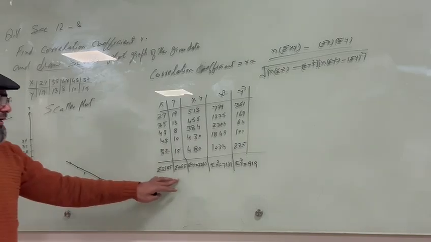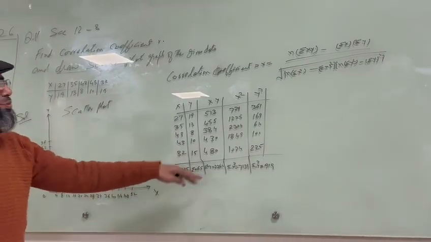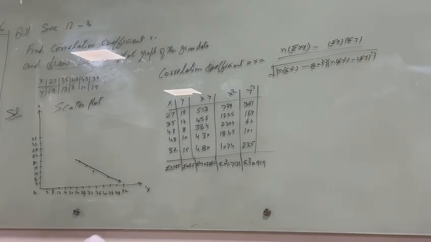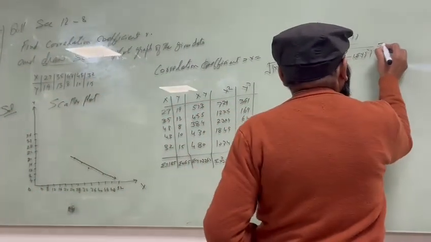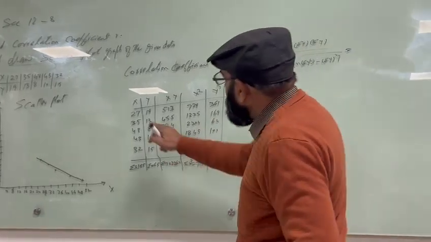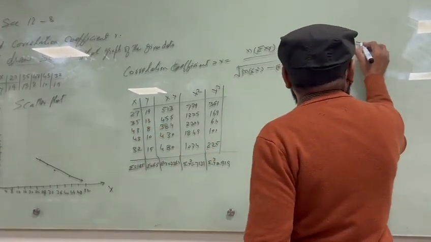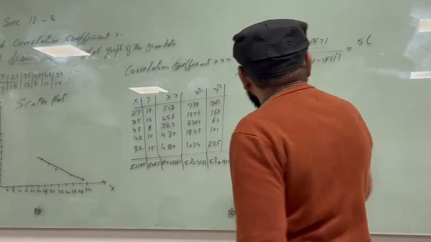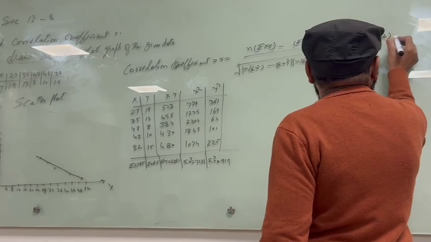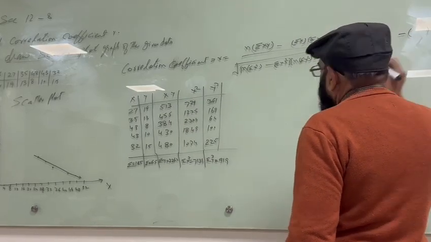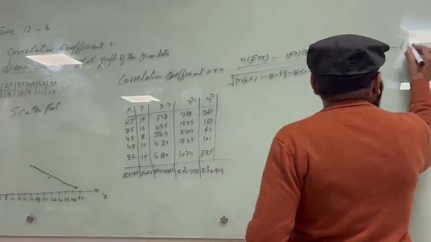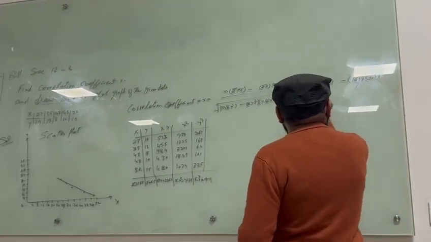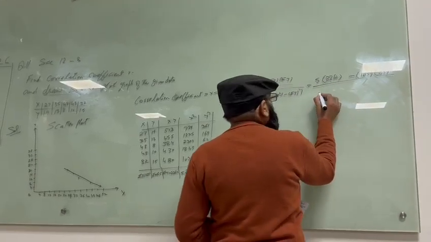Now we have what we need to find the value of R. Put the values here. What is n? 1, 2, 3, 4, 5. n is 5. The summation of xy is 2262, minus summation of x 185 times summation of y 65, divided by n, which is 5.